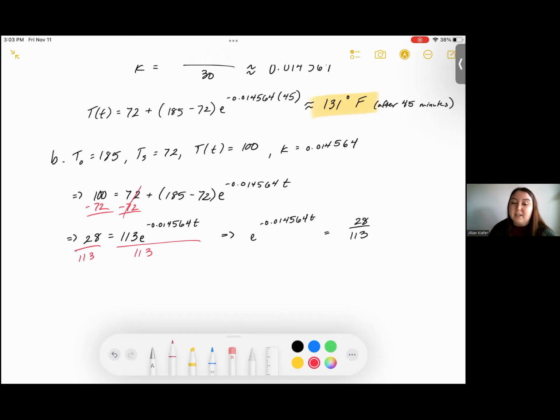Now we have e on one side, a fraction on the other. To get rid of the e, we can take the natural log of both sides. The natural log and our e cancel each other out, and that exponent comes out to the front.